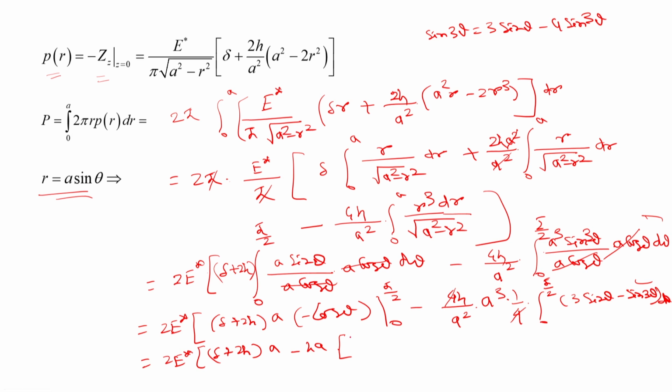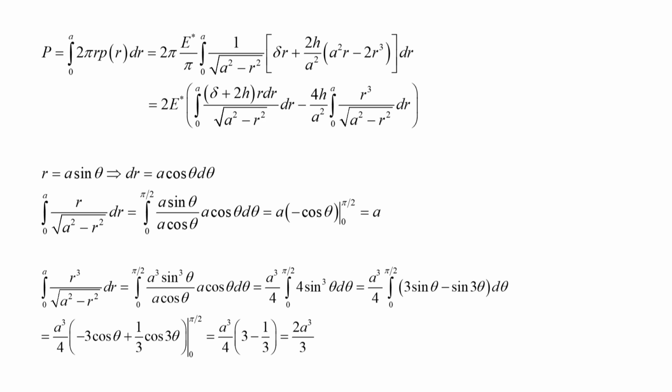This is 3 here, and sin theta means minus cos theta, so again I get 0 minus 1, so I will get 1 here. And this term will be cos 3 pi by 2 and cos 0, so that will be minus 1, so most probably this gets cancelled. So I will have delta minus h like that most probably, but let me see the whole thing that I got finally.